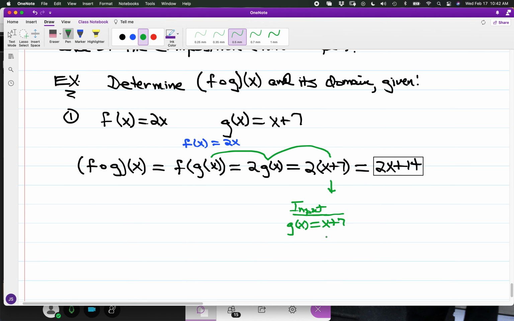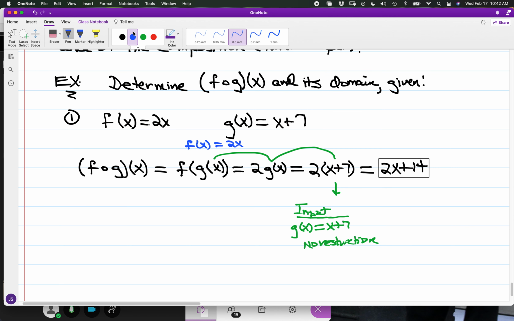And because you don't have a fraction or an even root radical, there is no restriction. And guess what? For the output, again, we have 2x plus 14.